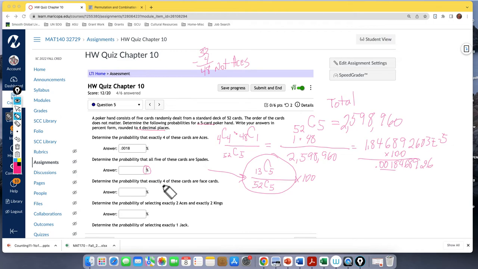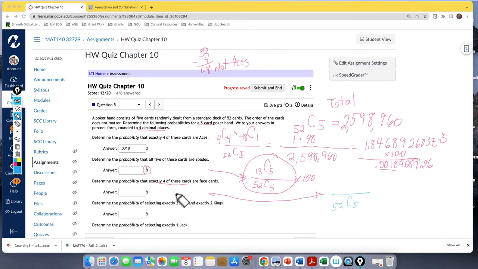Determine the probability that exactly 4 of these cards are face cards. And again, since we're only counting 4, we have to count that the other card is not one of those. So we do the same thing. Go over here, change colors. So the denominator is always going to be 52, choose 5. 4 are face cards.